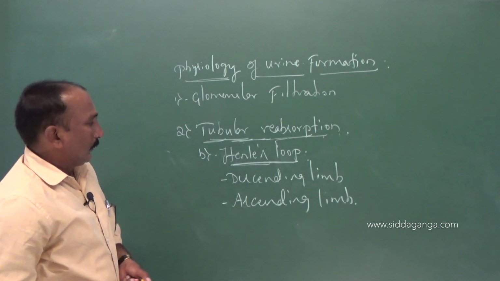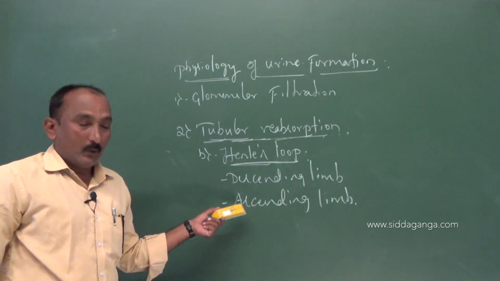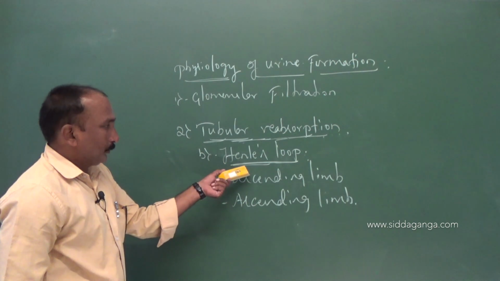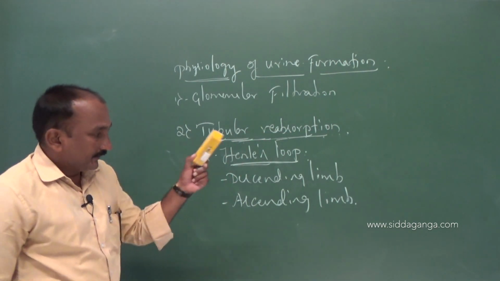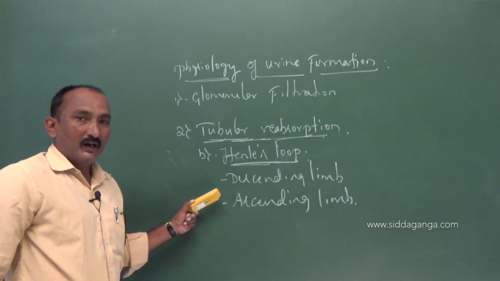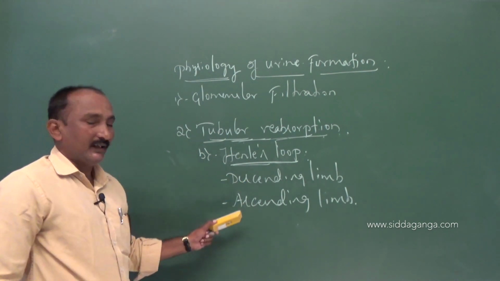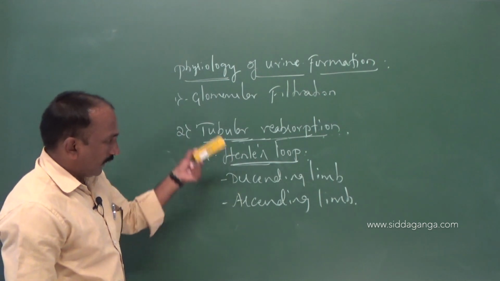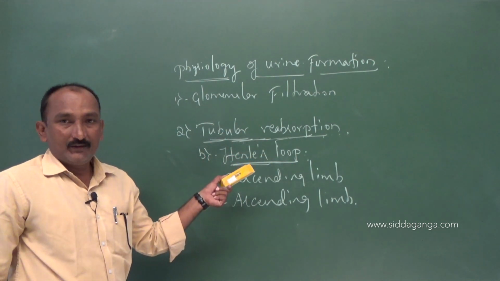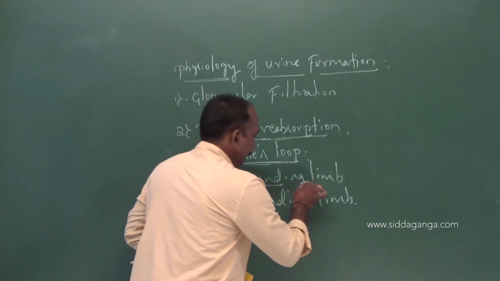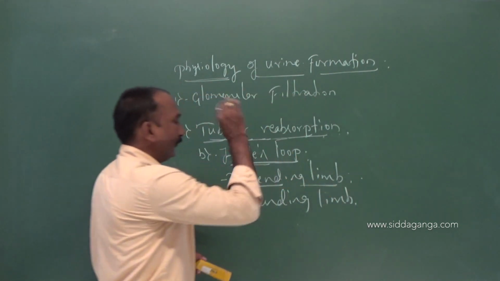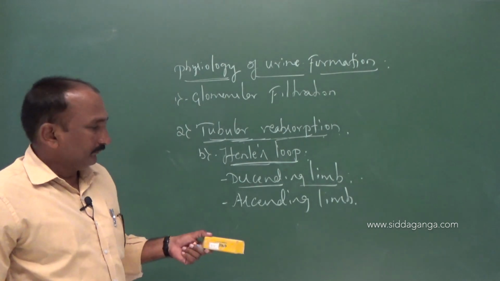Okay. What is the role of the loop of Henle in tubular reabsorption? It is differentiated into two parts, the descending and ascending limb. Both are involved in the reabsorption. How is it? Let us go through the descending limb first.